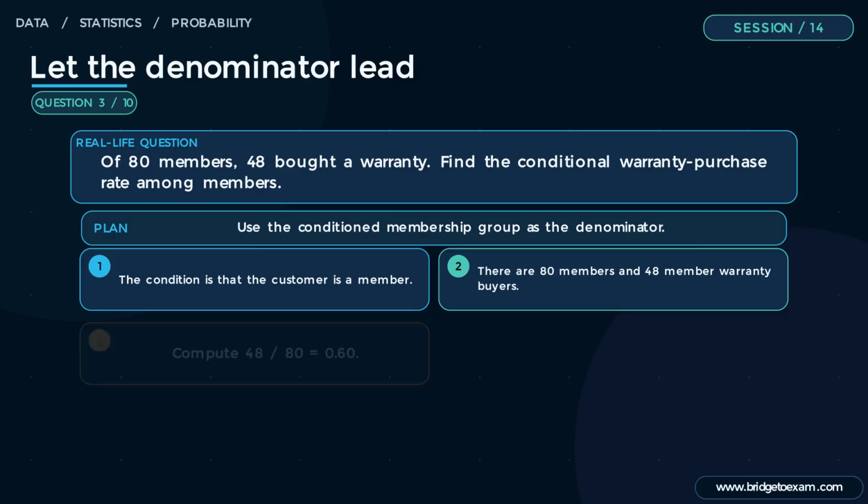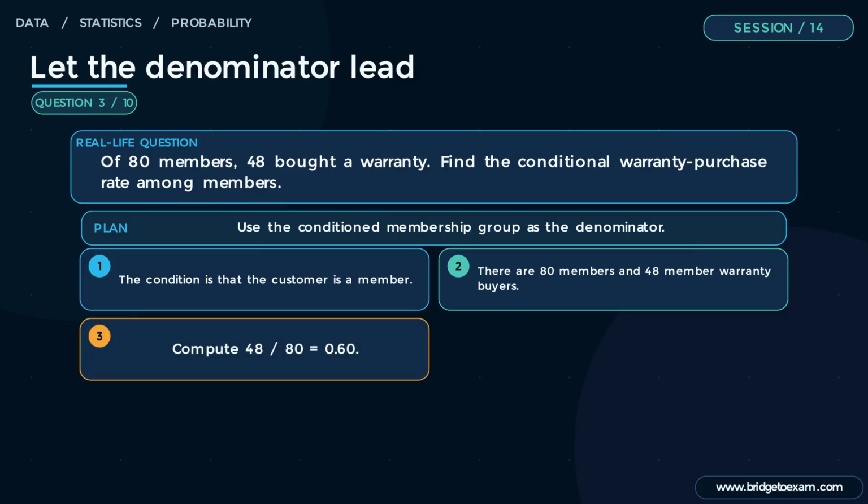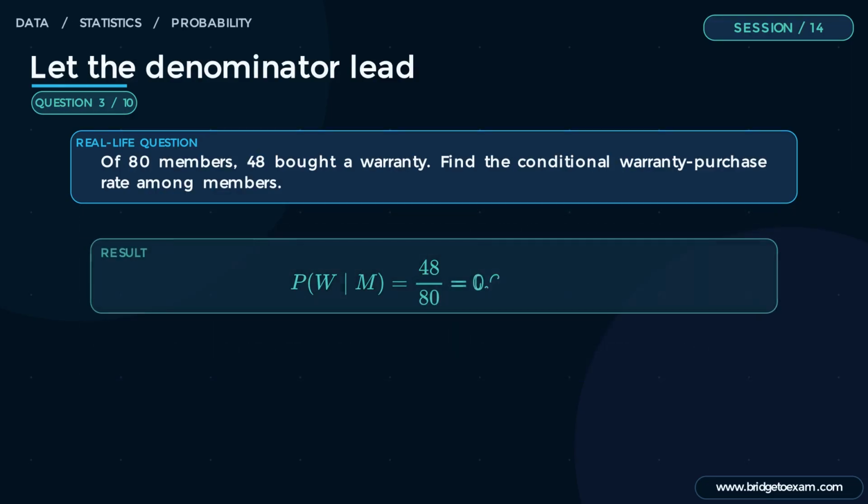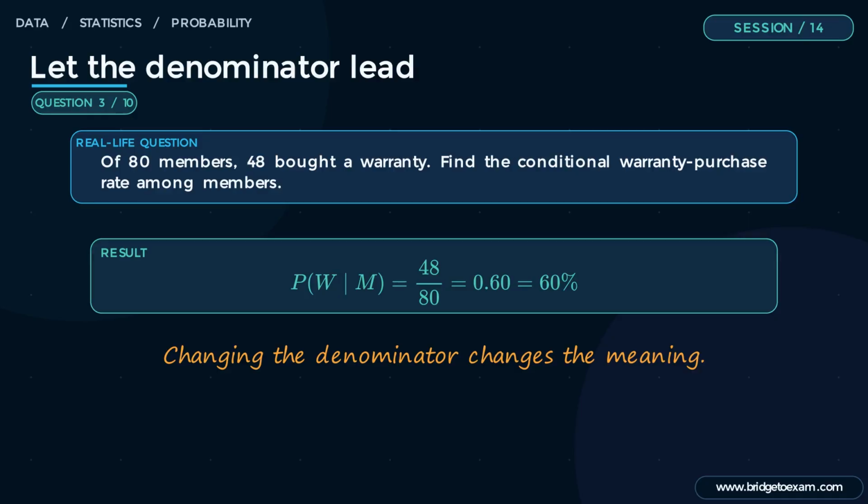Compute 48 divided by 80 equals 0.60. Step 4. Among members, 60% bought a warranty. Quick check. This differs from the 24% joint rate because the denominator changes from all customers to members. This matters in real life because conditional rates help businesses evaluate whether membership relates to purchasing behavior.